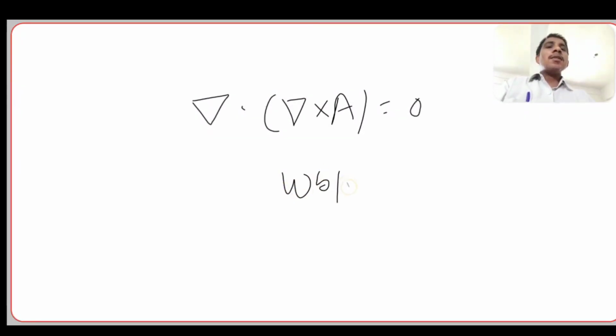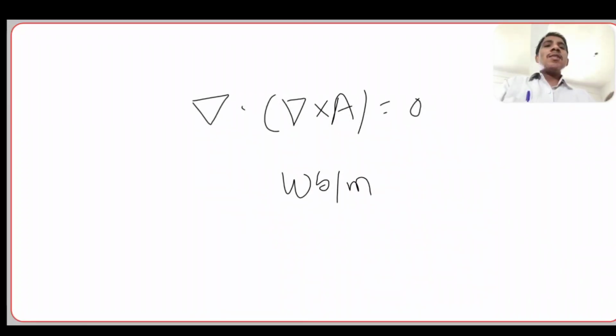Del dot del cross A equals 0, where A is the vector magnetic potential. The vector magnetic potential A is measured in Weber per meter.